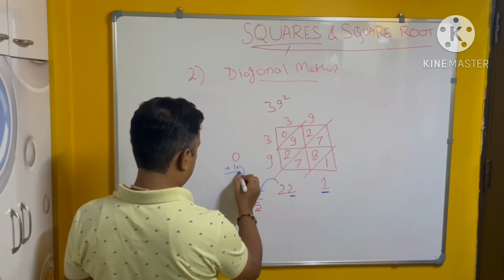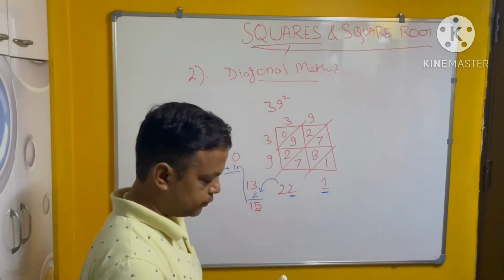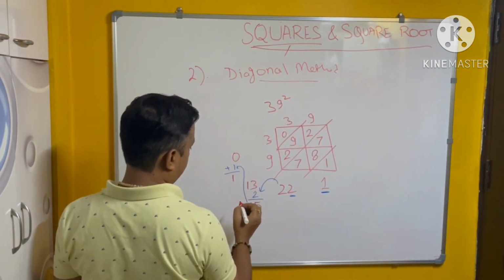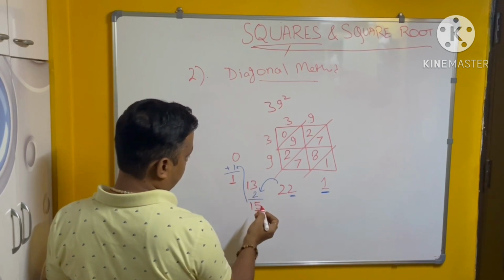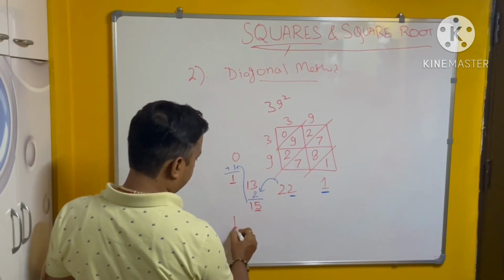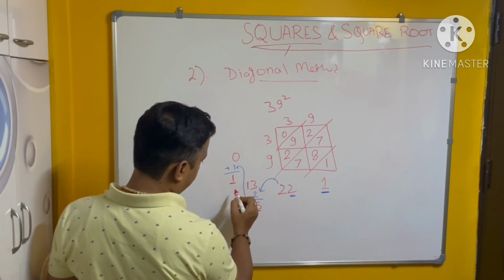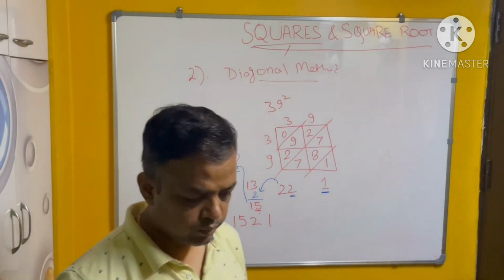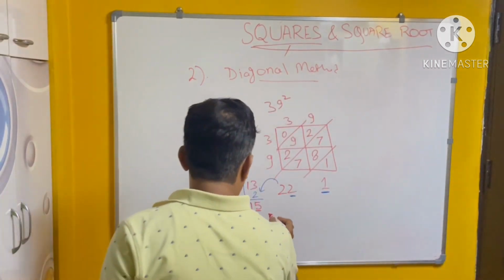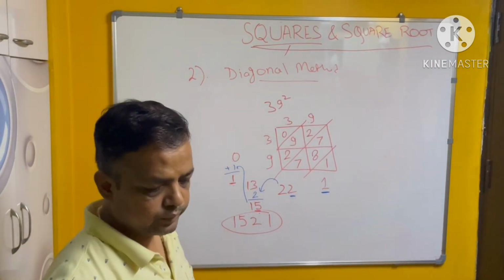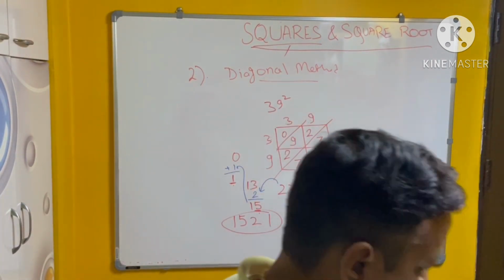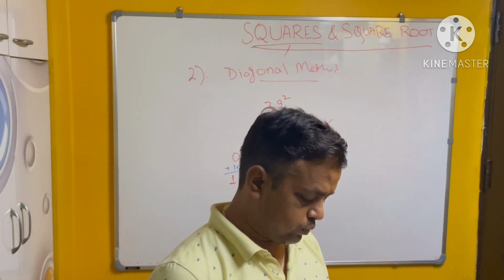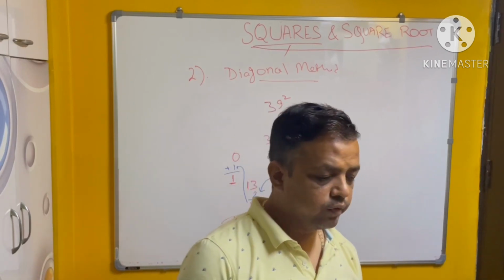So the numbers are 1, 5, 2, 1. Okay, so this is the square.